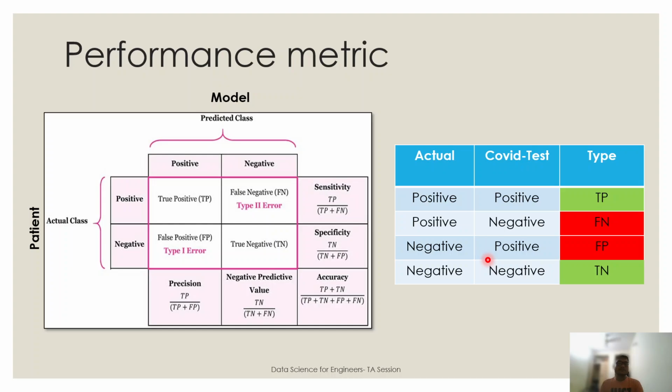This is also a dangerous situation because so many people are admitted to the hospital, and I think because of fear also so many people died during the period of COVID-19. This is called the false positive case.